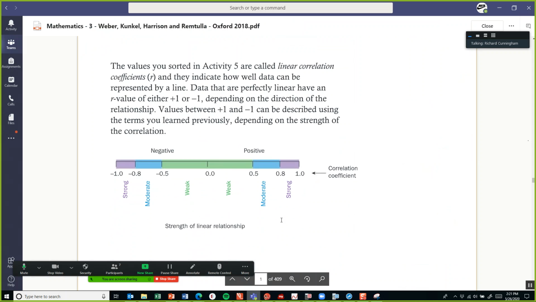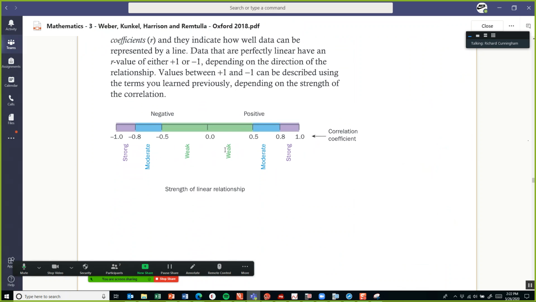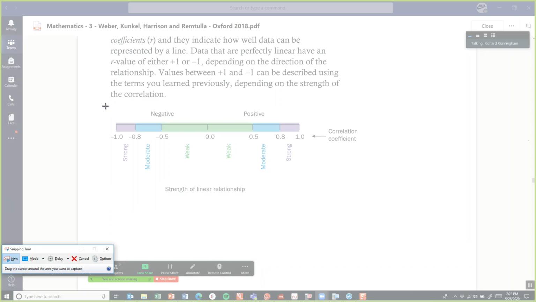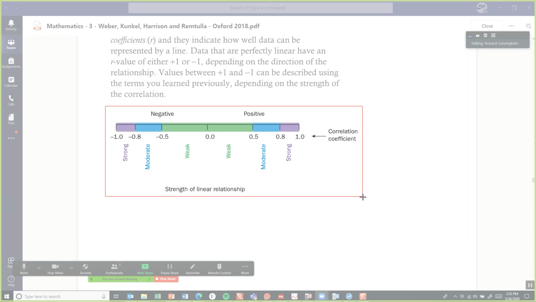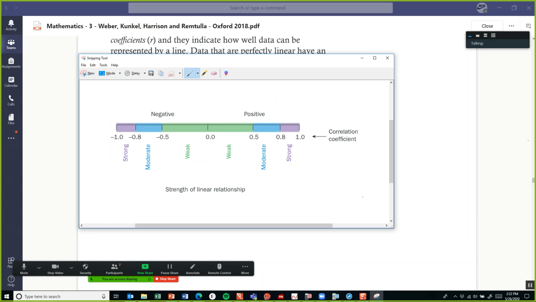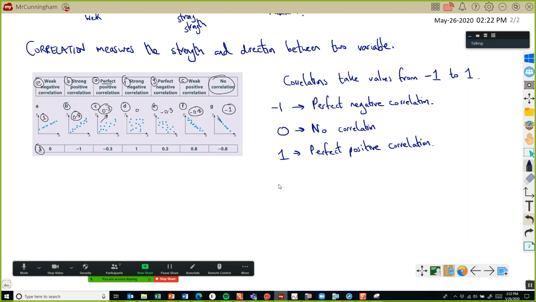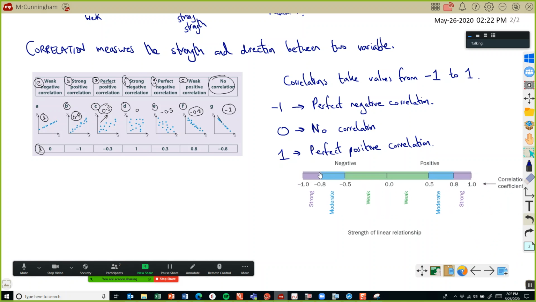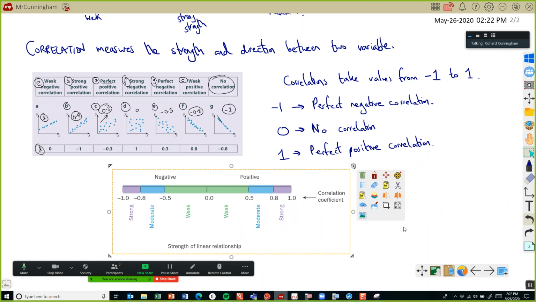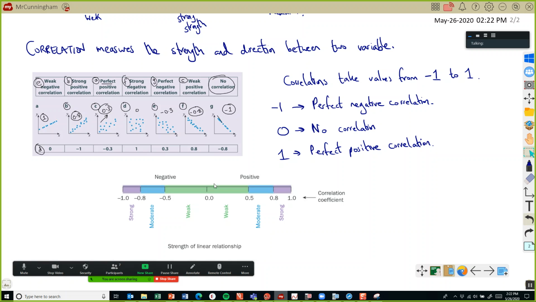So I just want to go and have a look. This is just like a little scale of it. So this shows us on a picture 0, no correlation, and the closer we move out to 1, it gets stronger and stronger and stronger.